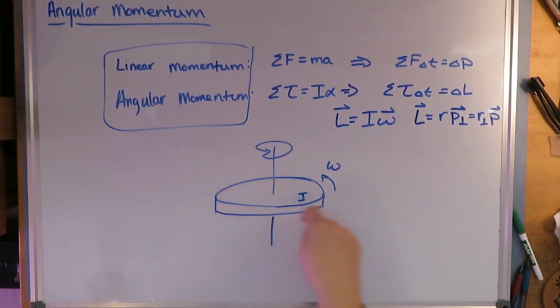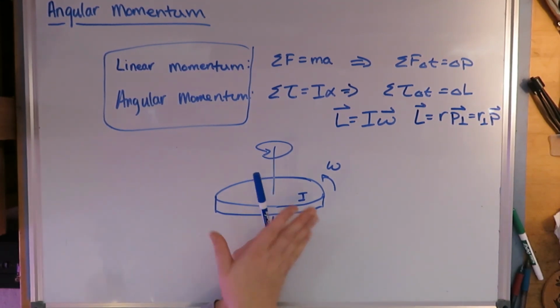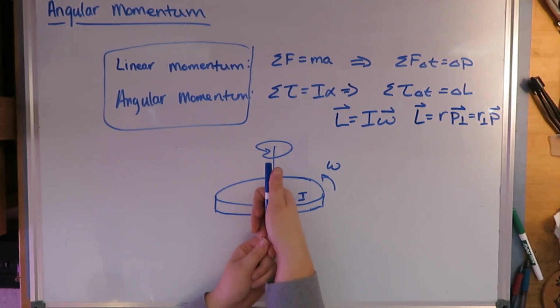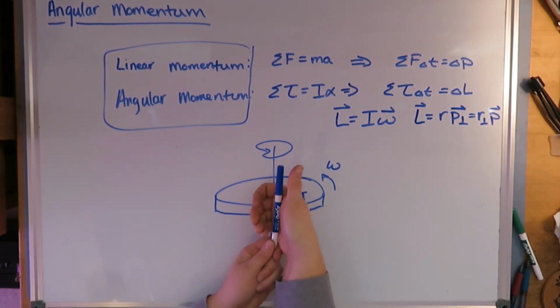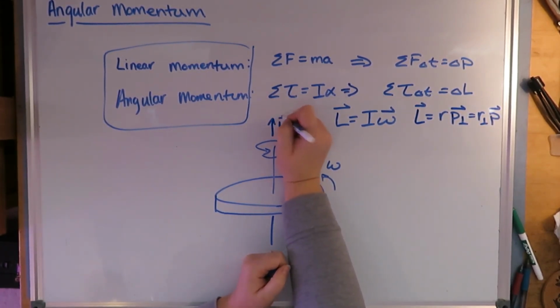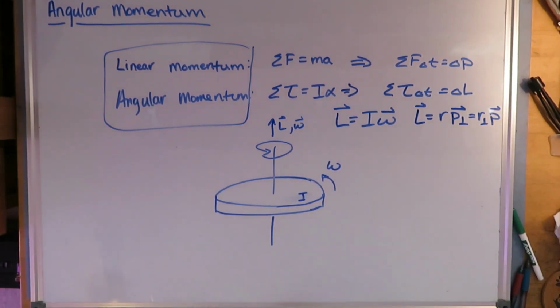If something is rotating in the counterclockwise direction, with this as my axis of rotation, I curl my fingers in the direction that it's rotating, and where my thumb points is the direction of the angular momentum. So in this case, my angular momentum vector is pointing up to the top of the page, which is also the same direction as where the angular velocity is pointing.